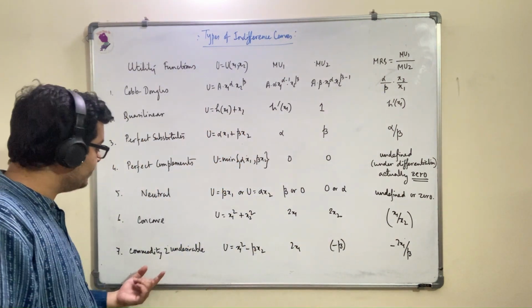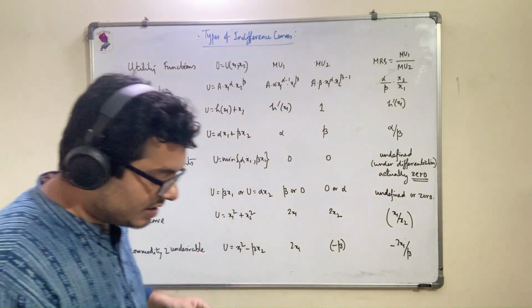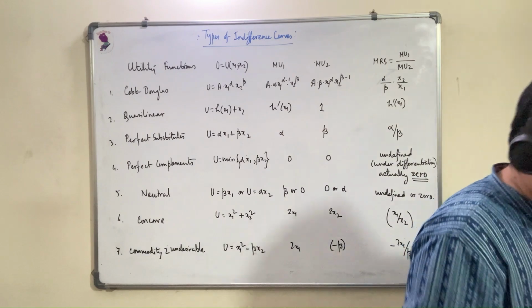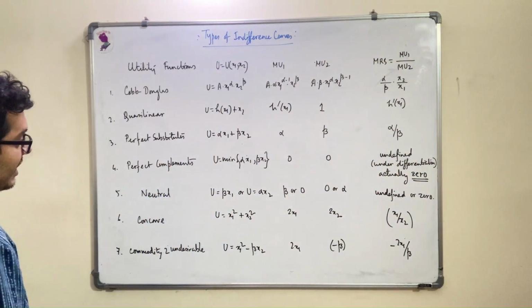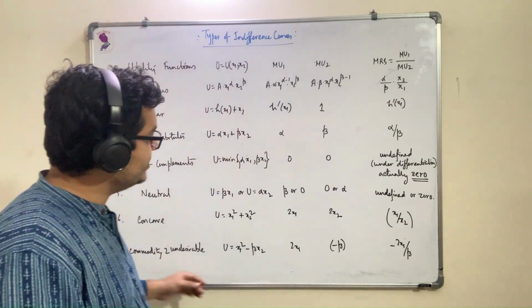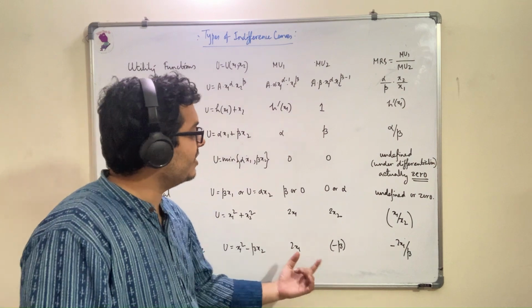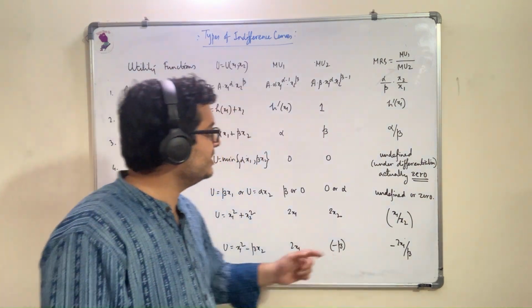This is typical if one commodity is undesirable, that makes the whole thing going convex upward or concave downward or a straight line, whatever it is, increasing. Okay, but for both commodities undesirable, you can understand that these two MUs will be negative, so the end result will be positive again. Okay, so here we finish.